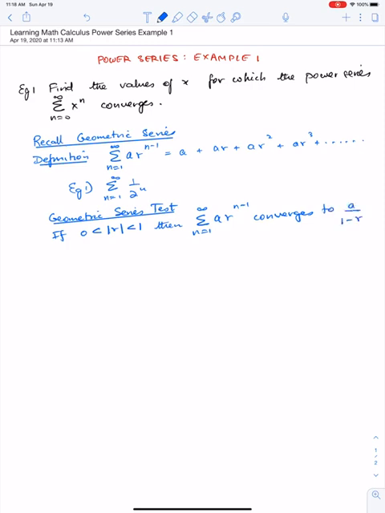We write that it's equal to a over 1 minus r. And if the absolute value of r is greater than or equal to 1, then summation n equals 1 to infinity a r to the n minus 1 diverges.